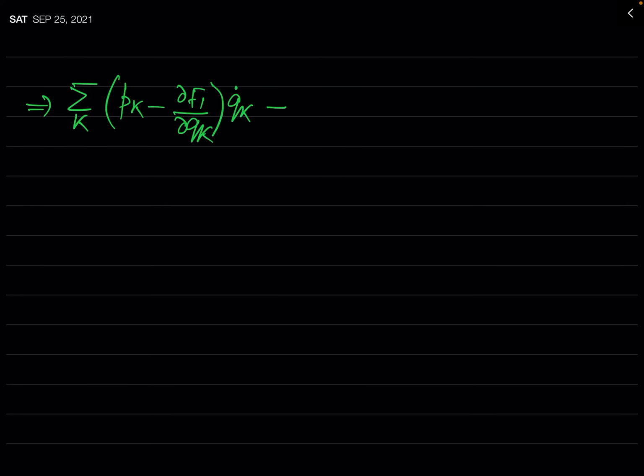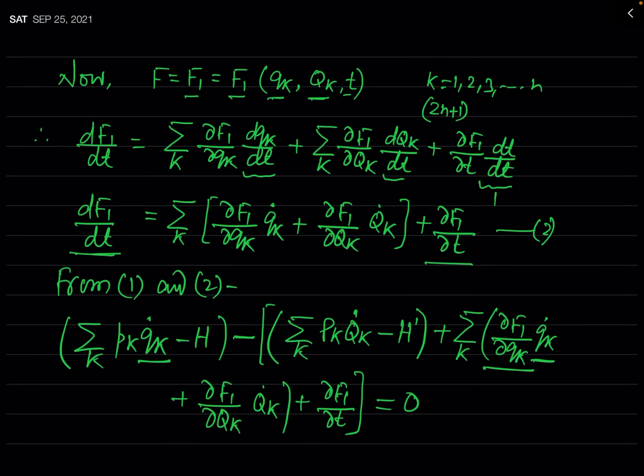Again you can see in this equation, in this term capital Qk dot is present, and in this term too capital Qk dot is present. So we can associate these two terms again, taking this capital Qk dot as a common factor.